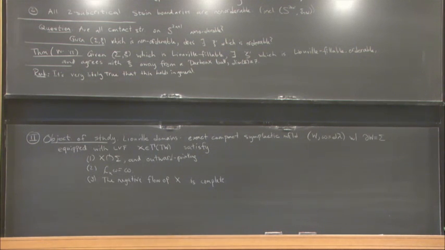I'm pretty sure that these overlap. If X is outward pointing, it points out of some compact region, so why should the negative flow not exist for all times? Yeah, it does.